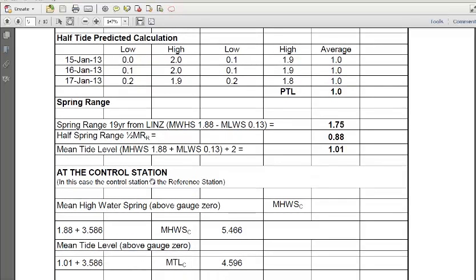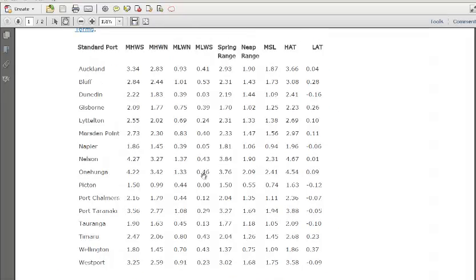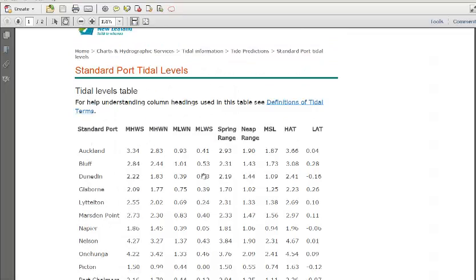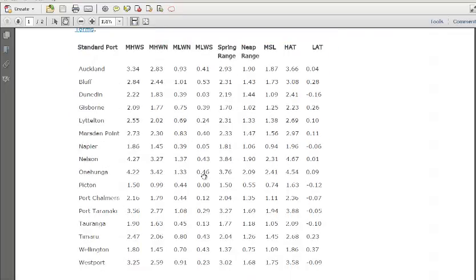this is again from information from the LINZ website, but you do have to be a little bit careful here. In the first instance, you can locate on the LINZ website the standard port tidal levels here, as you can see.